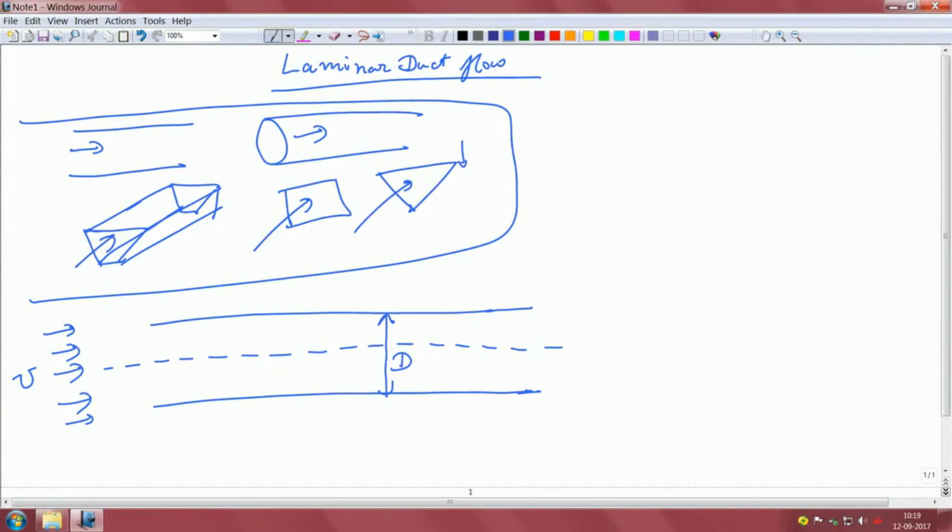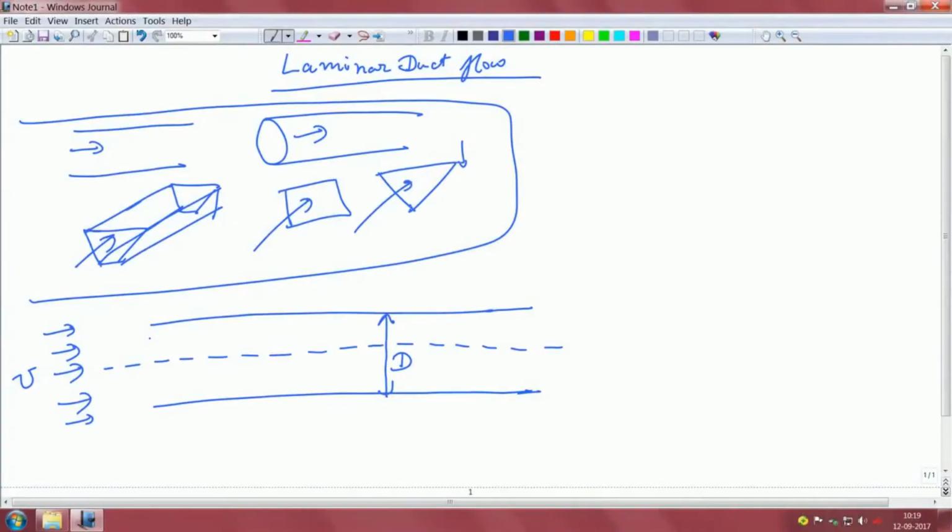That means the boundary layer will be the region where the viscous drag will be important, and the flow velocity will show a curvature. But now, it will happen symmetrically from both sides of the plate. That means it will develop from this side of the plate, and this side of the plate also, because we suppose that there is no preferential bias.